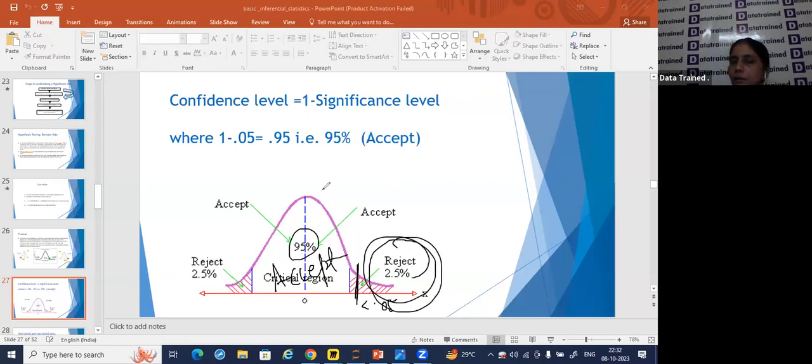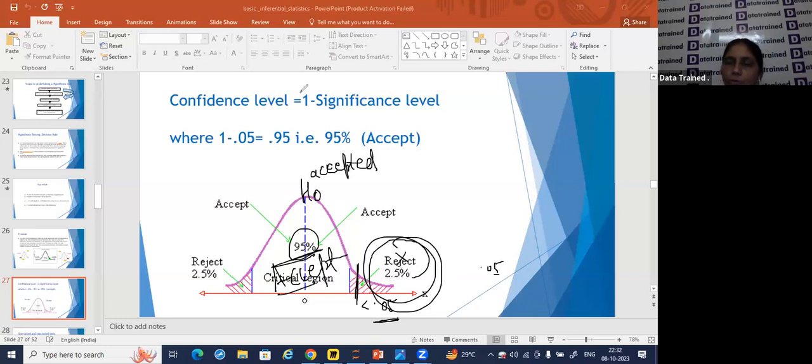So whenever my null hypothesis is accepted, 95% of the people are accepting the statements of the null hypothesis. That comes into the accepted region. And here, 0.05 are the people approving the alternative hypothesis, so that comes into the rejected region.